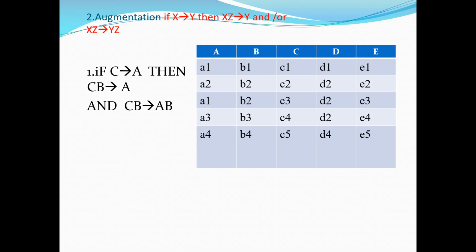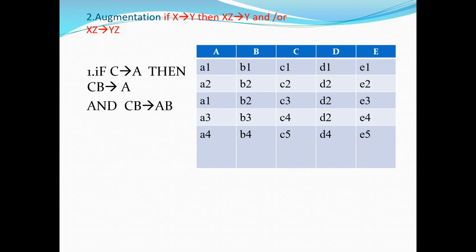C3 corresponds to value A1, C4 corresponds to value A3, C5 corresponds to value A4. So we can add B to the left hand side. That means CB to A holds.